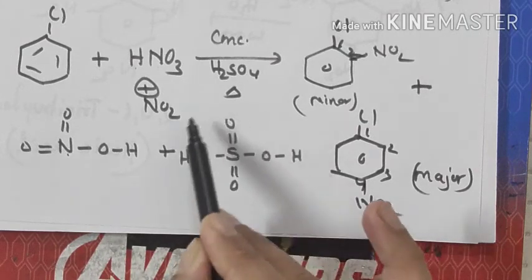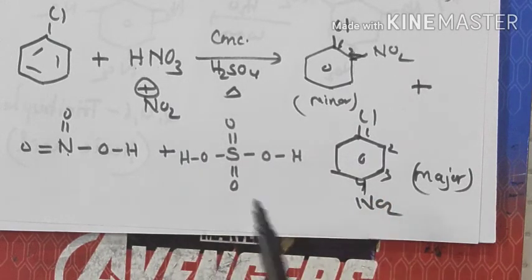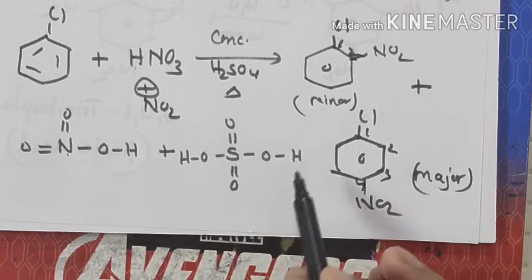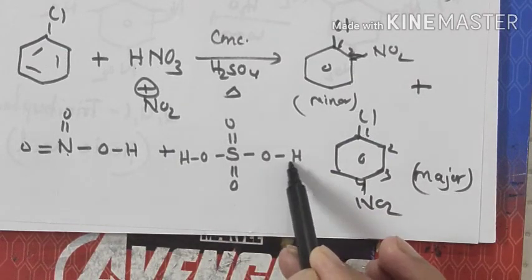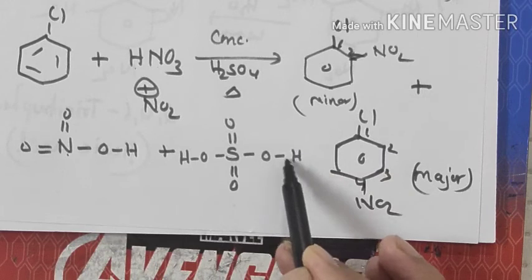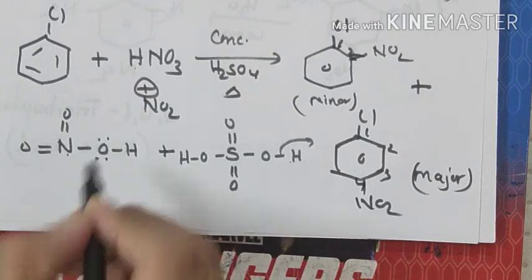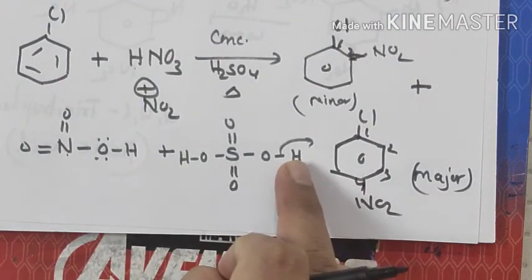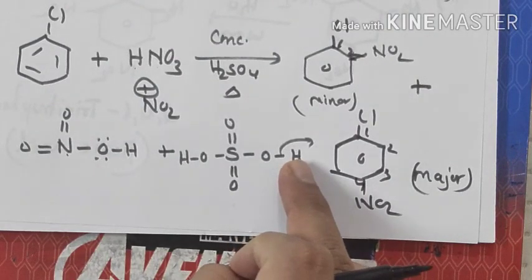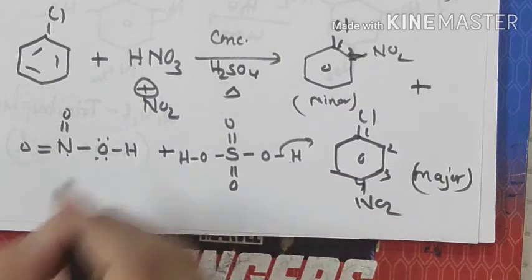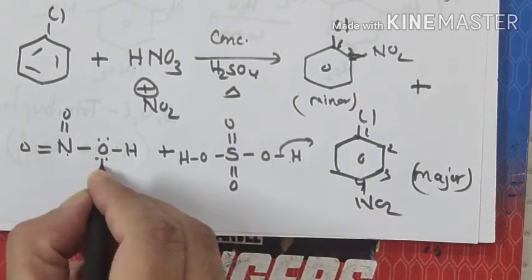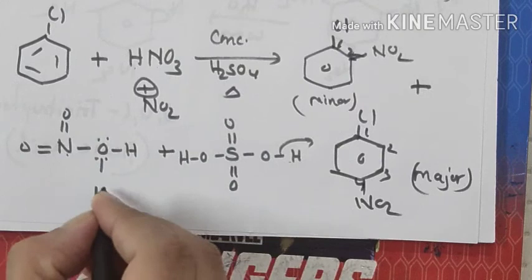So sulfuric acid donates a proton. When it donates a proton, it becomes O minus, and this comes out as H plus. We know the nitric acid oxygen has a lone pair of electrons. The H plus given by sulfuric acid comes over here and forms a bond with that oxygen.